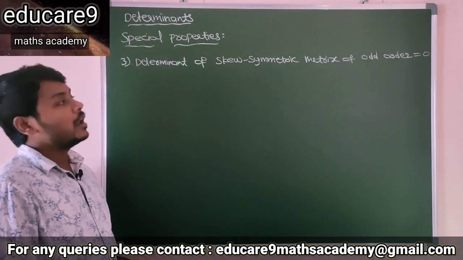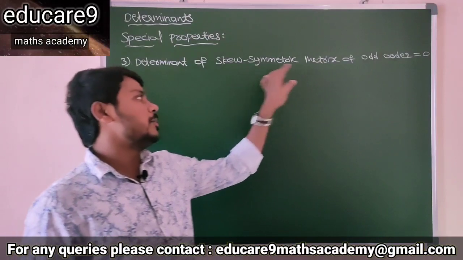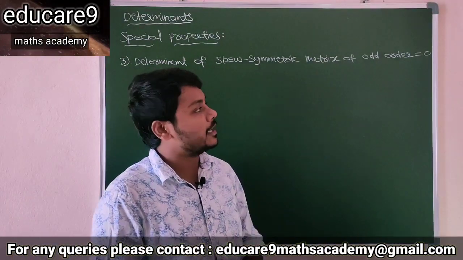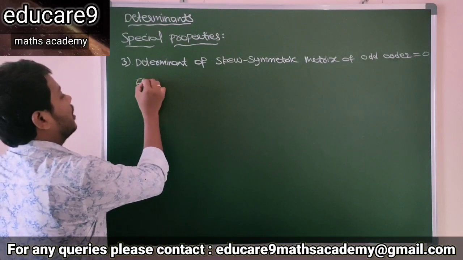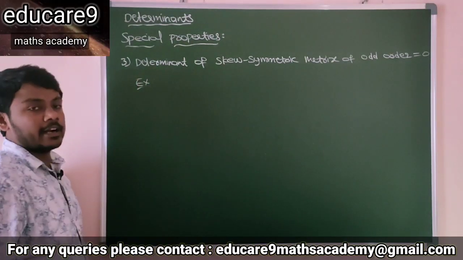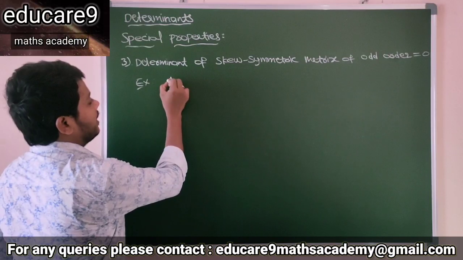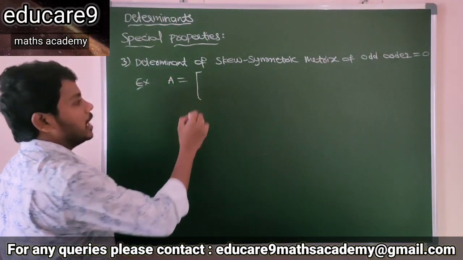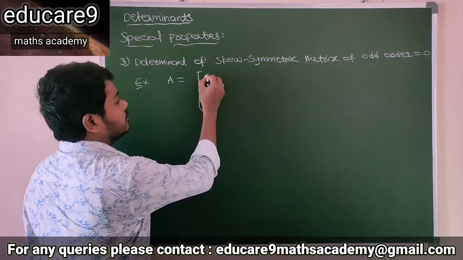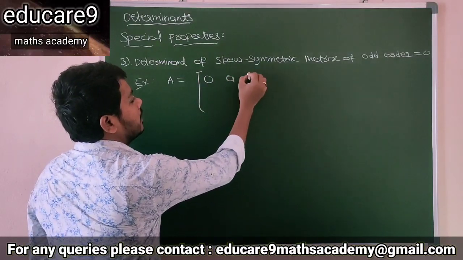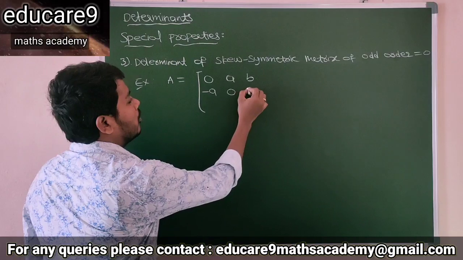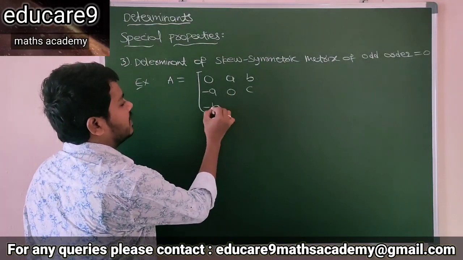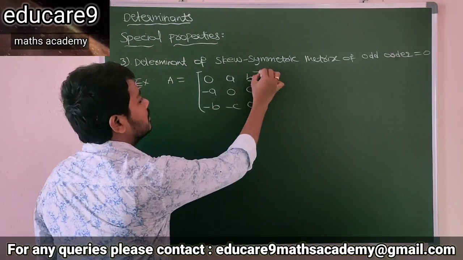So see the next one. The determinant of a skew symmetric matrix of odd order is 0. So for example, consider any 3 by 3 order matrix. Let A be a 3 by 3 order skew symmetric matrix: [0, a, b; minus a, 0, c; minus b, minus c, 0].